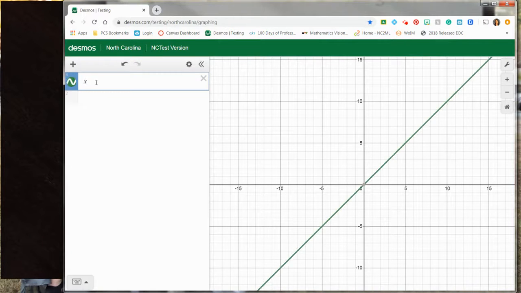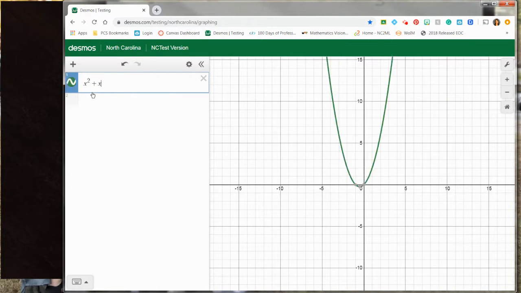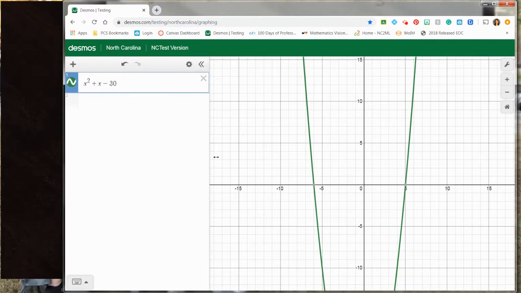So I'll have x squared plus x minus 30. And now again, we'll see a parabola. We don't see the whole thing, which is okay, because in this case, I'm still trying to find the roots and the solutions. So I have 2 different roots. Now in this case, because I'm just talking about a number that I am squaring, it doesn't say if it wants the positive solution or the negative solution.